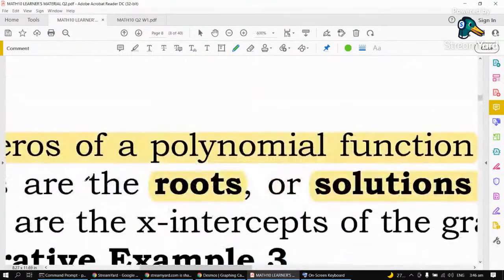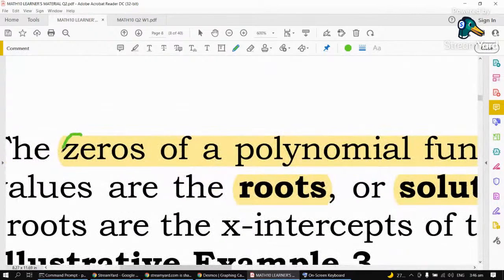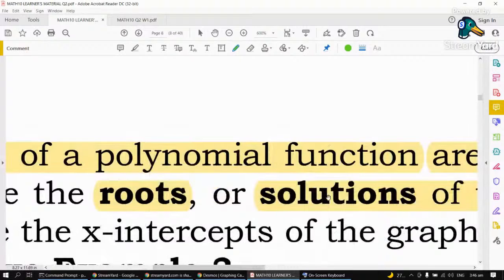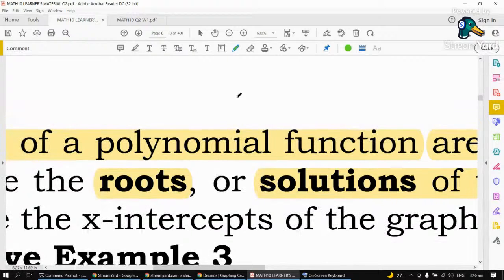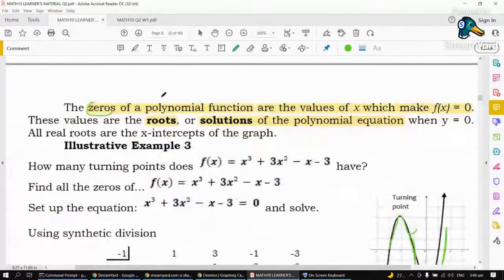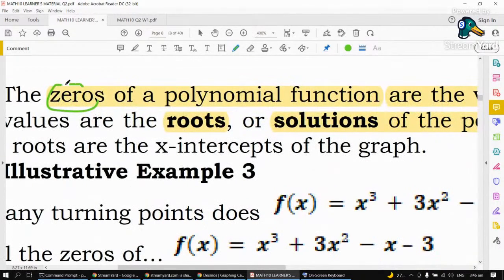So, pag sinabing zero, the zeros of a polynomial function. Okay. So, ang tawag sa solution is zeros.